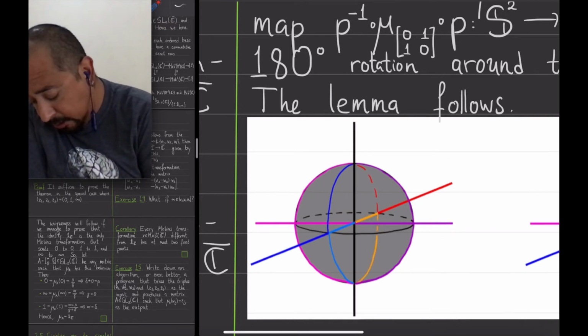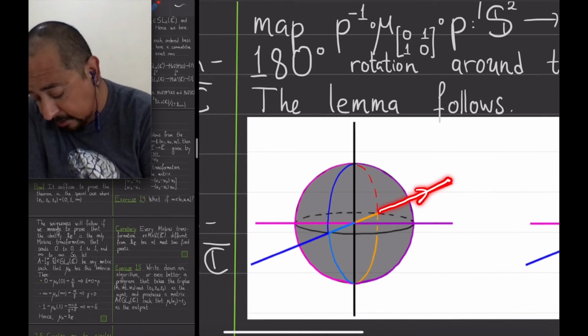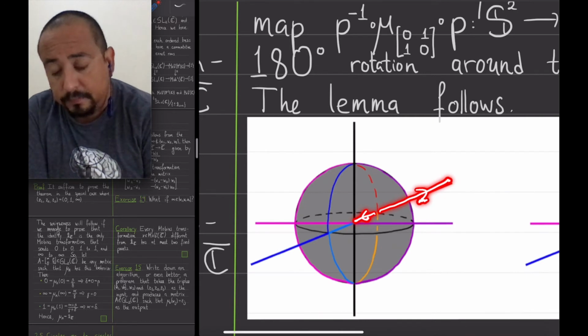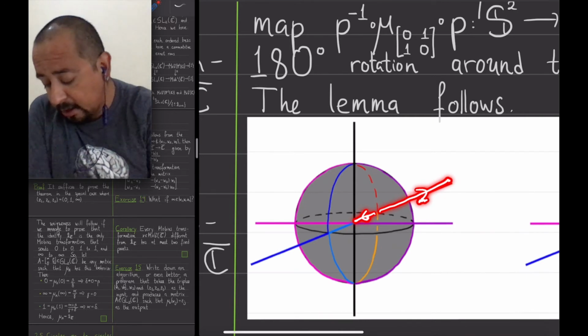Okay, and now think of this: in C bar, how this ray goes to this ray, right? But now compose it, conjugated with the stereographic projection.